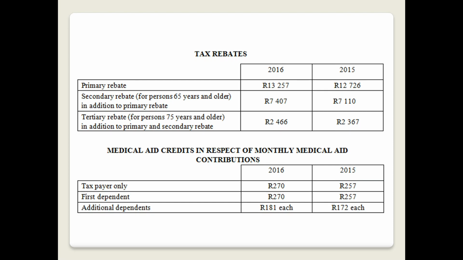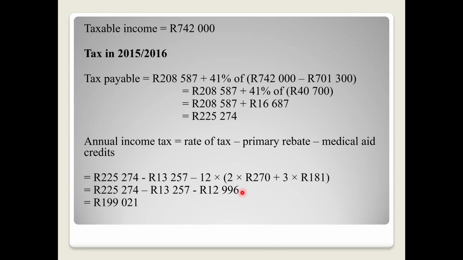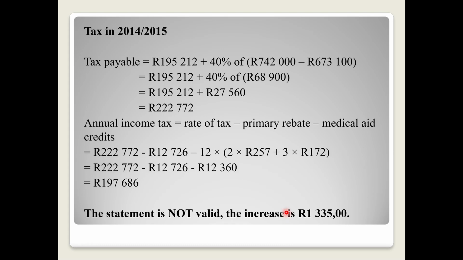So 2 of them at 270 and 3 at 181. Remember, we need to multiply by 12 because it's per month. Then this is for the 2015-16 tax year. And then we also need to do exactly the same for the 2014-15 tax year. They provided us with that tax table as well.